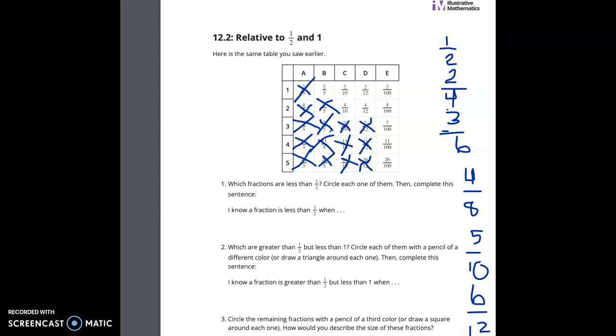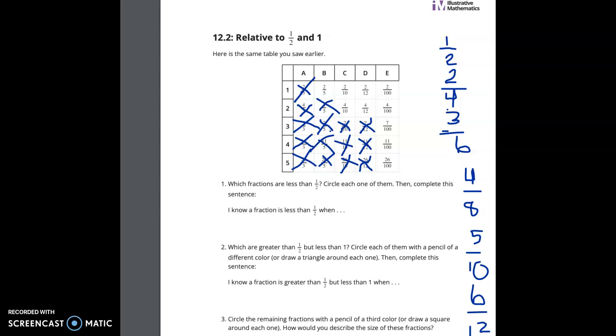Okay, so once we've done this, we can say, I know a fraction is less than half when, what do you notice about our table here? We notice that a fraction is less than 1/2 when it's not half of the denominator. For example, 5 is half of 10.